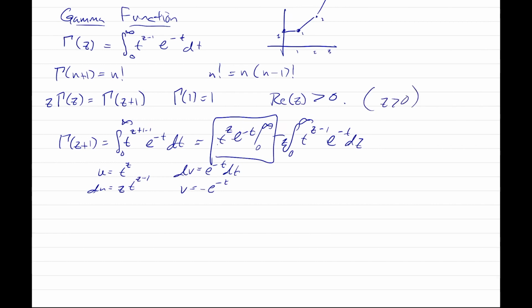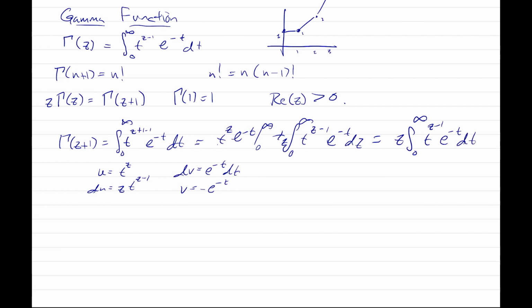So that gives us that. And so what we're left with, and I forgot to flip a sign, there's a minus sign here, so that should go there. All right, so then what that leaves me is just z times the integral from 0 to infinity of t to the z minus 1 e to the minus t dt, and that is exactly our definition of gamma of z.